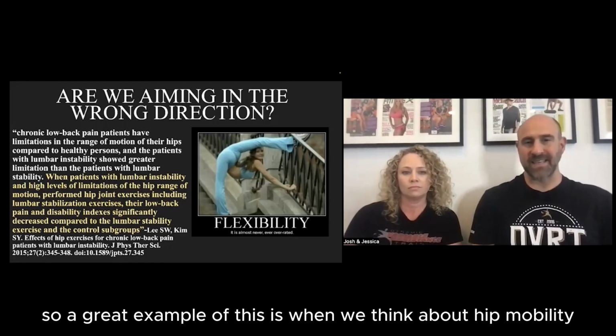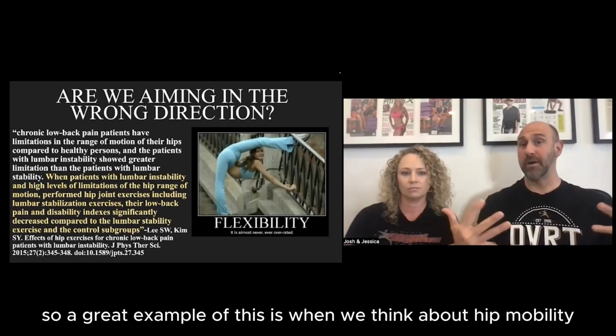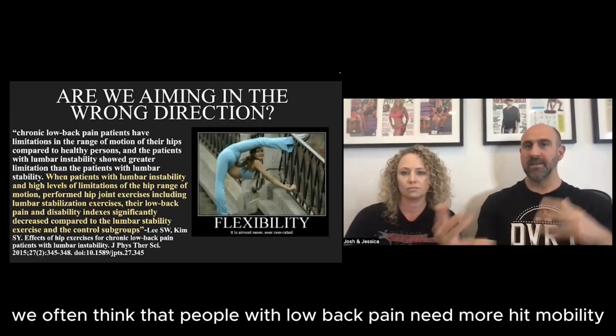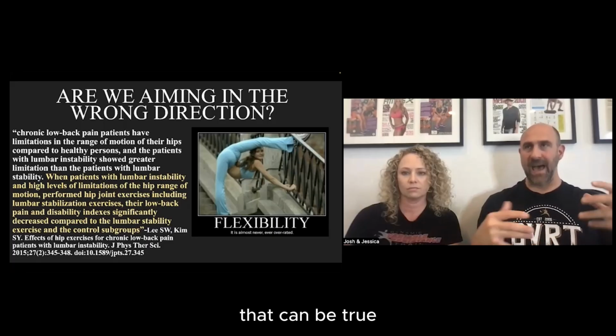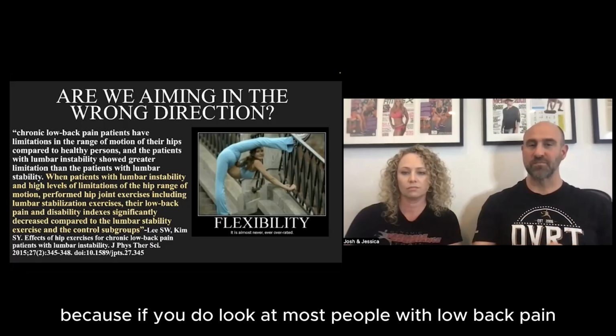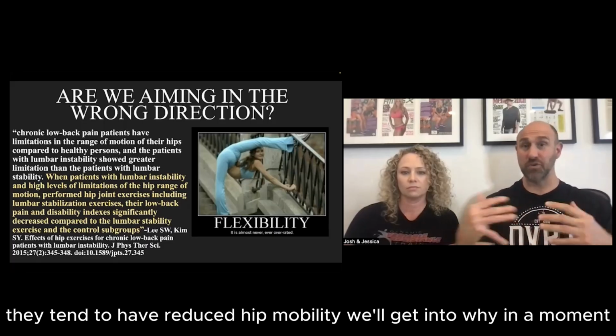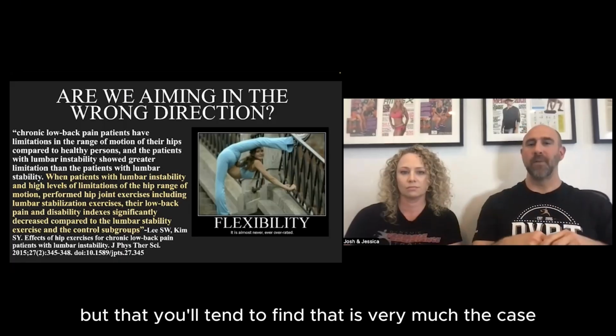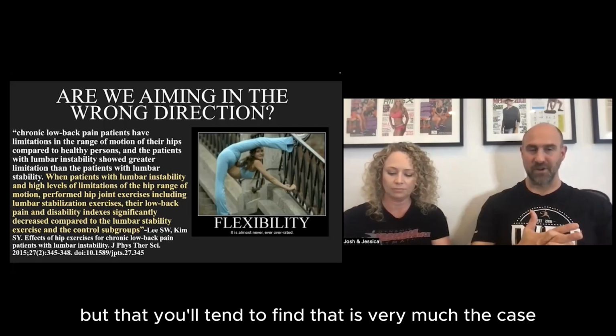A great example of this is when we think about hip mobility. We often think that people with low back pain need more hip mobility. That can be true, because if you look at most people with low back pain, they tend to have reduced hip mobility. We'll get into why in a moment, but you'll find that is very much the case.